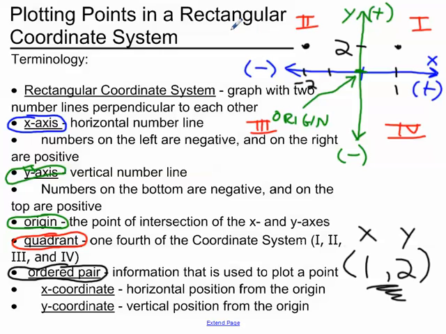So this point would be -2 in the x direction, and +2 in the y direction, because it's still in line with this 2 here. This point, -2, 2, tells us to go from the origin -2 in the x direction, and then +2 in the y direction. And that would be that point right there, -2, 2.